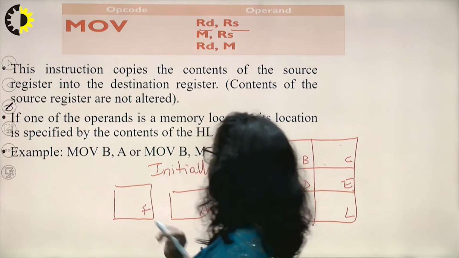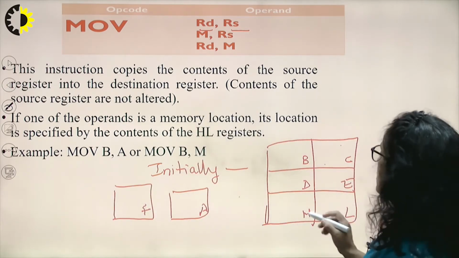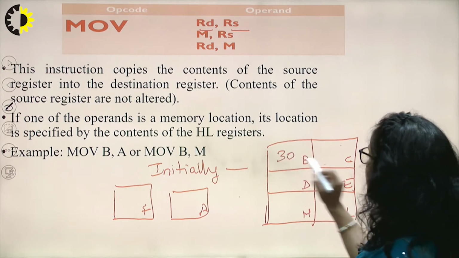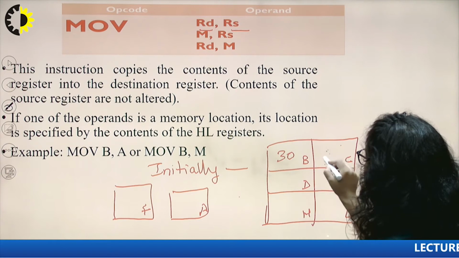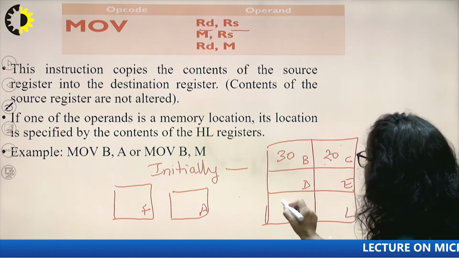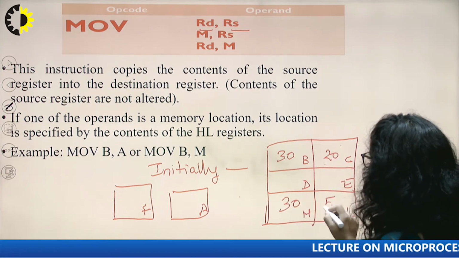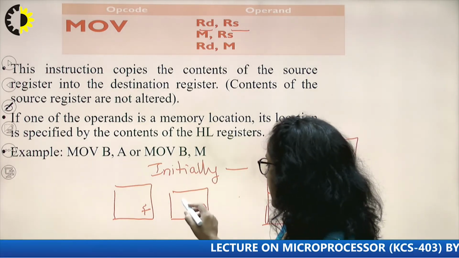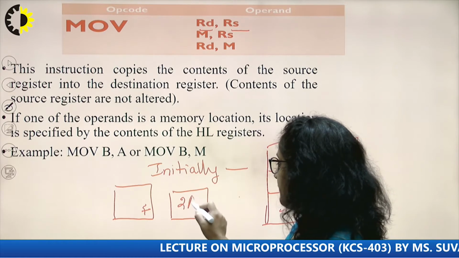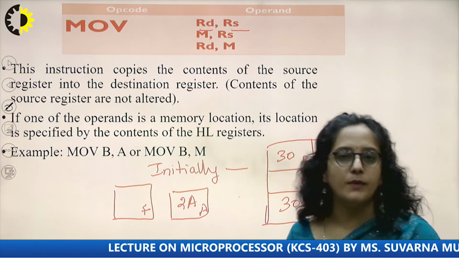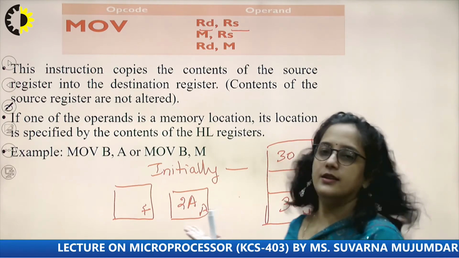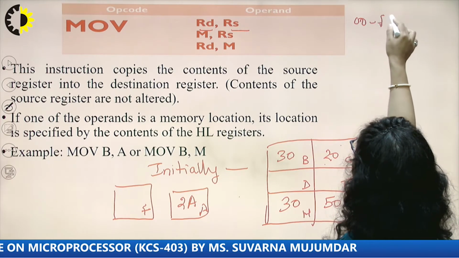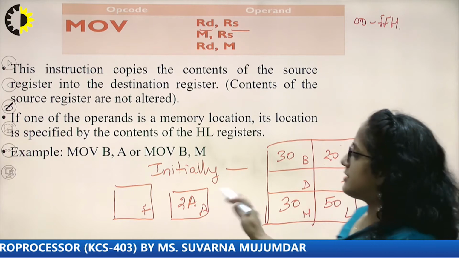In the architecture we had seen these registers. Suppose the content of B register is 30, C register is 20, and H and L registers are 30 and 50. The accumulator has the value 2A. Hexadecimal values are stored in the microprocessor, so I can consider any data from 00 to FF. So this is the initial condition.